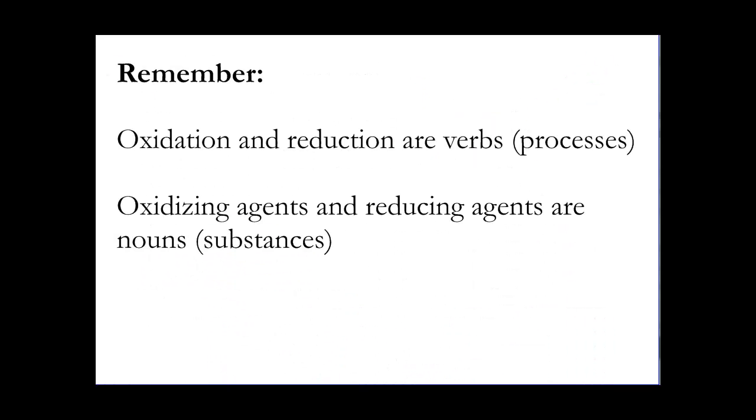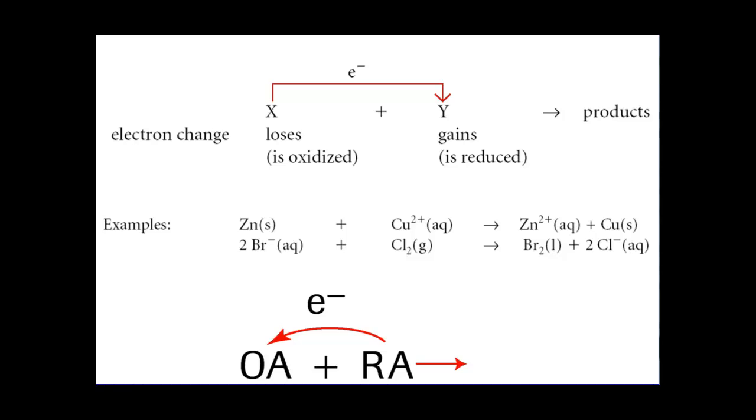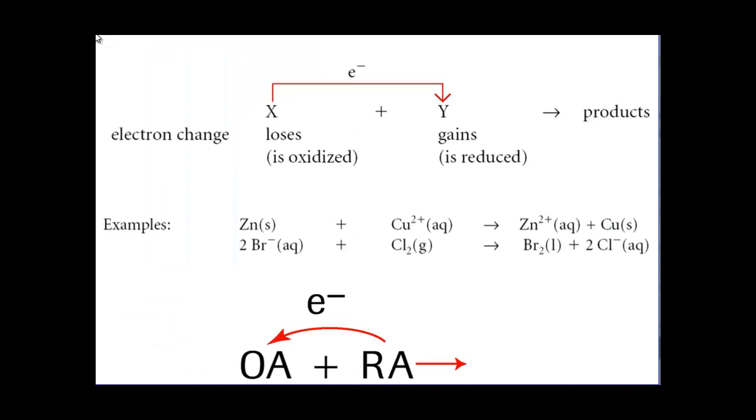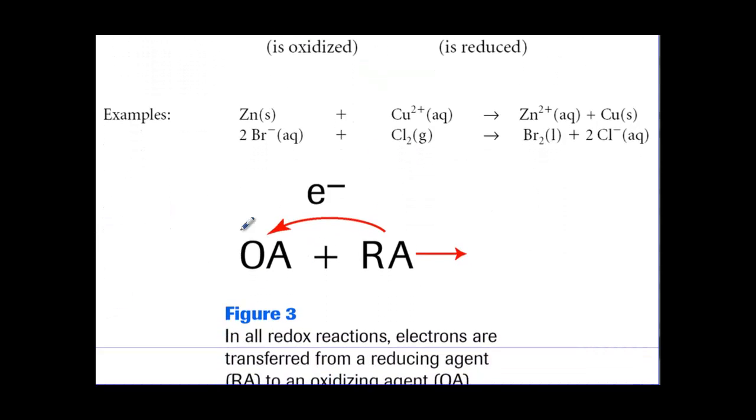So, let me walk through some of the stuff I skipped here, just to make sure I'm doing a thorough job. Let's start here. Oxidizing agents and reducing agents are embarking in a fight. If the oxidizing agent is strong enough, he will steal the reducing agent's electron, just like that analogy I gave of stealing lunch money.